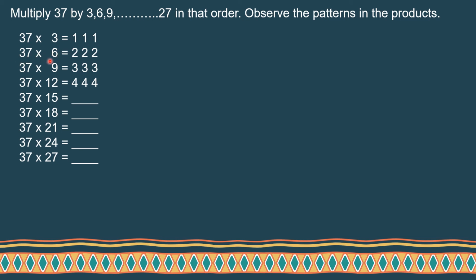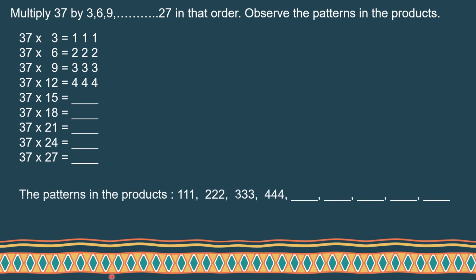In the same way 37 multiplied by 6, we got the product 222. 37 multiplied by 9, we got the product 333. 37 multiplied by 12, we got the product 444. In the same way you will complete these blanks and then write the pattern in the product and complete the remaining blanks.